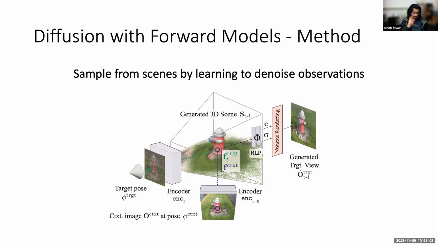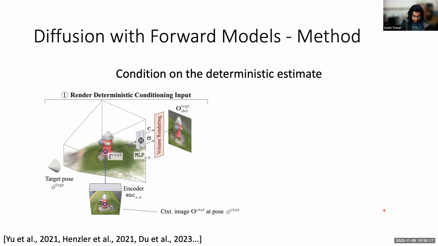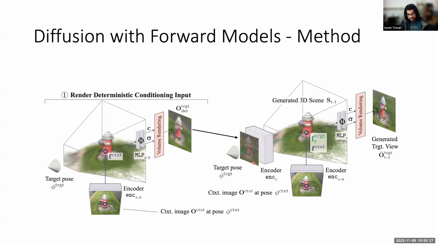The 2D encoders don't actually see the information from the other viewpoint. The way to fix it was to add a deterministic conditioning. There's no diffusion here, it's a deterministic estimate. You take the context image, get the mean estimate of the scene, render it from the target viewpoint, and that gets concatenated to the network from the target viewpoint.